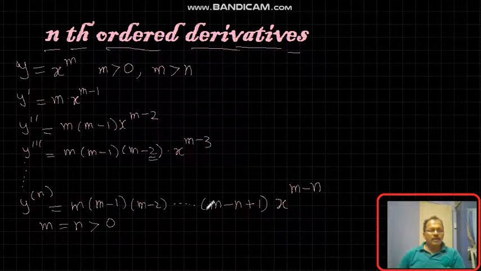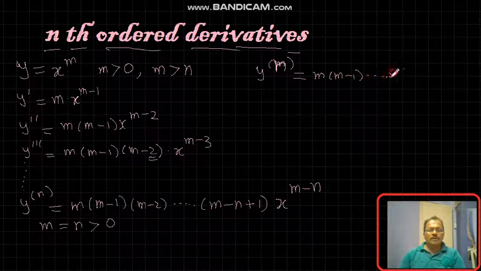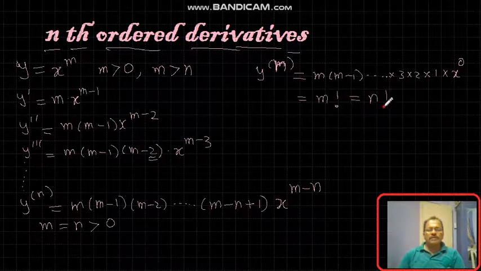If m equals n, then here m minus n gives us 1 and here m minus n gives 0, and we get the nth order derivative as m into m minus 1 dot dot dot into 3 into 2 into 1 into x raised to 0, that is m factorial, but m is equal to n, so it is n factorial.